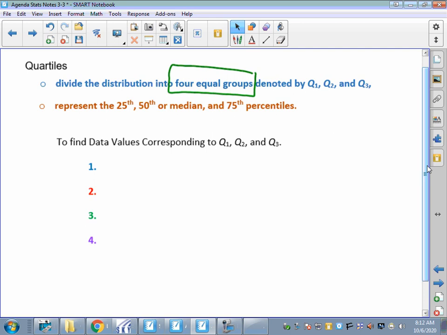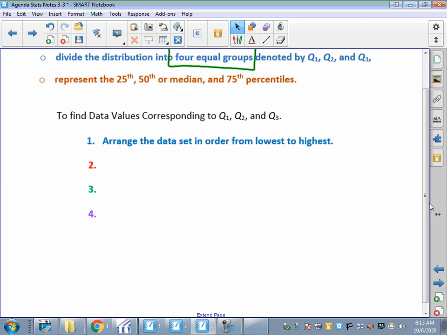This actually is going back to some old school stuff if you've done medians before. So to find your data values corresponding to Q1, Q2, and Q3, you need to make sure you arrange your data from lowest to highest. It does not work otherwise. We're not finding the median if our data is all mixed up.